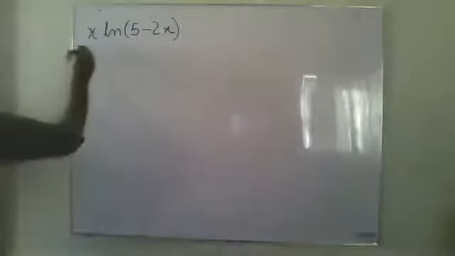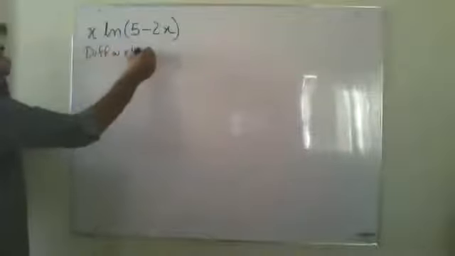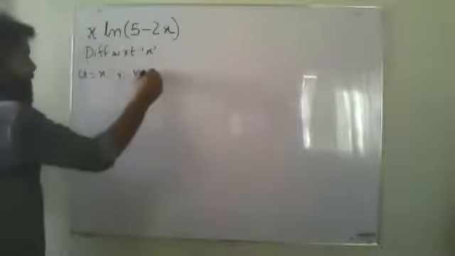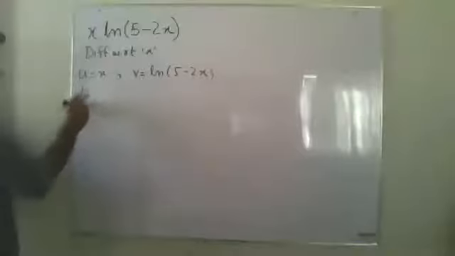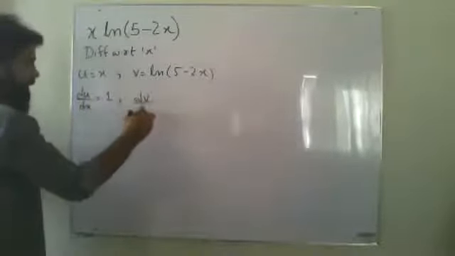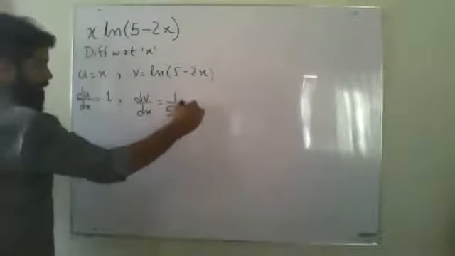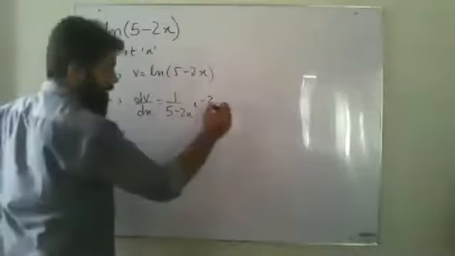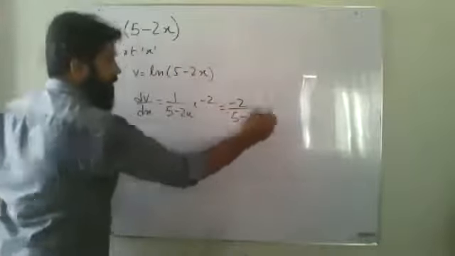Starting with my differentiation with respect to x, u equals x, v equals ln 5 minus 2x. du over dx equals 1, and dv over dx equals 1 over 5 minus 2x into differentiation of this, which will be minus 2. So in the simplified form, this will become minus 2 over 5 minus 2x.